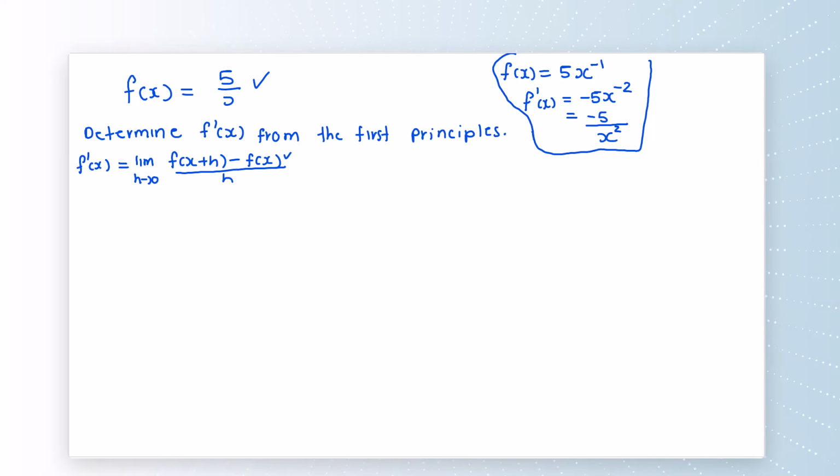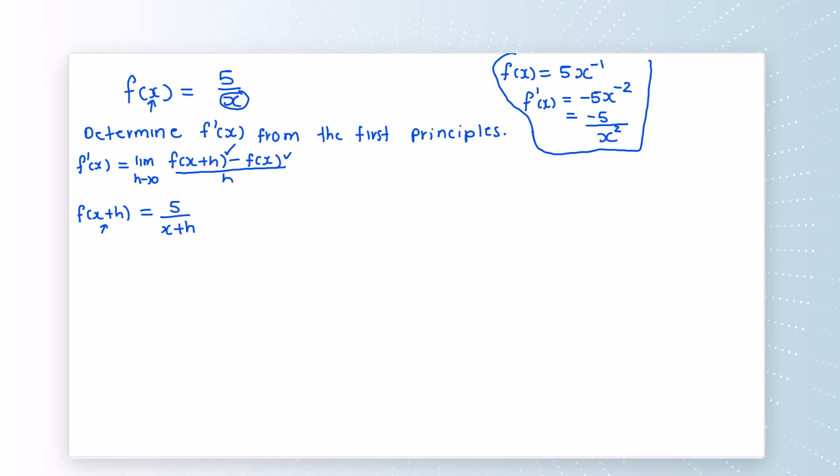If we can do that, we've done half of the work. So f of x plus h equals, you see, in the place of x we have x plus h. So we're going to put x plus h there. There you are. So now we have f of x plus h as well.